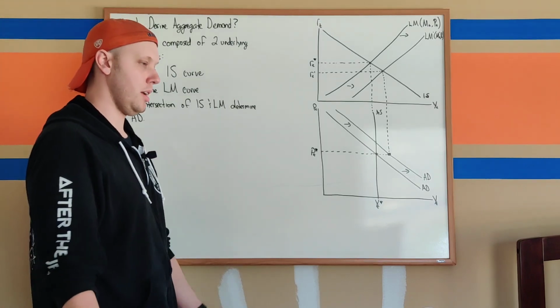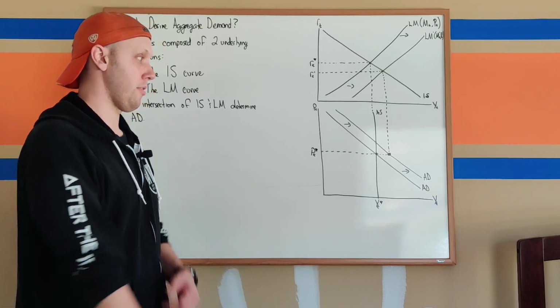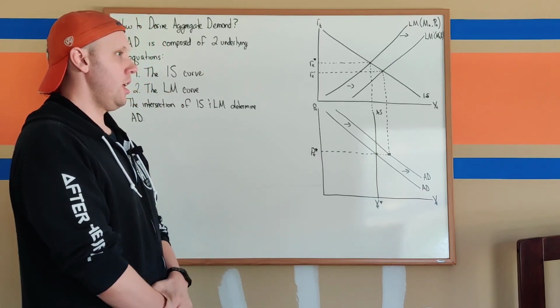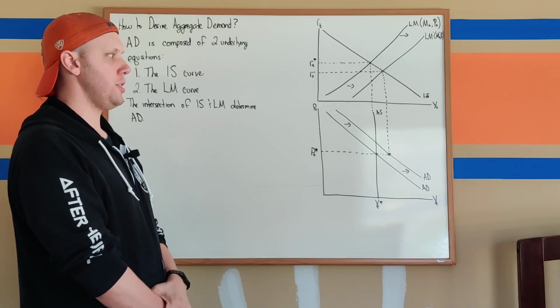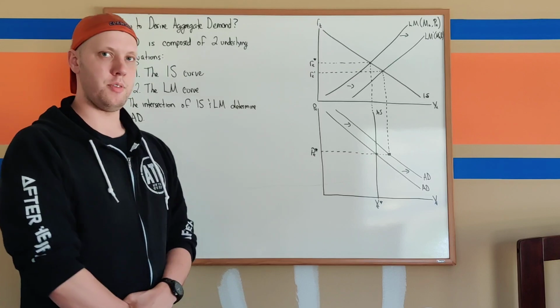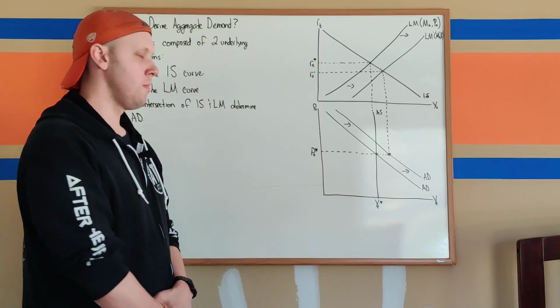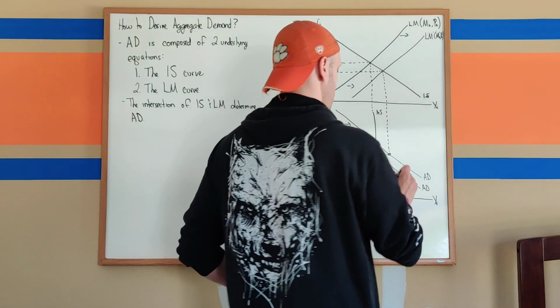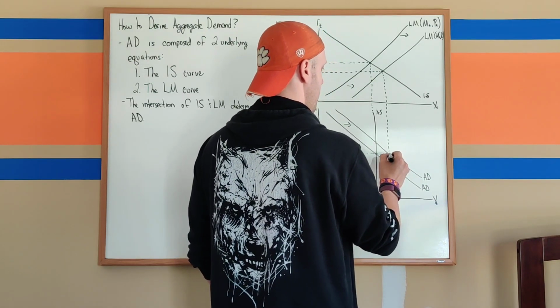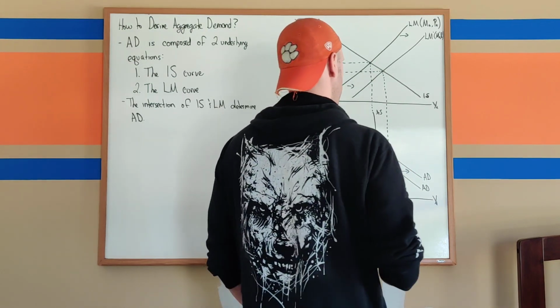More output means more income. More income means everybody's better off, right? We're happy. But if everything's already as totally efficient as it can possibly be, that level of output is inefficient. We're not in equilibrium here. This is a point where aggregate demand does not equal aggregate supply.